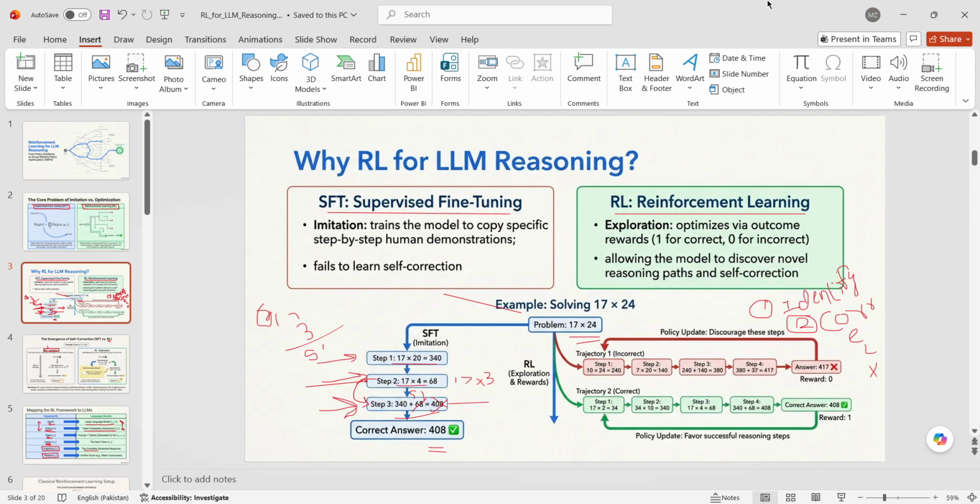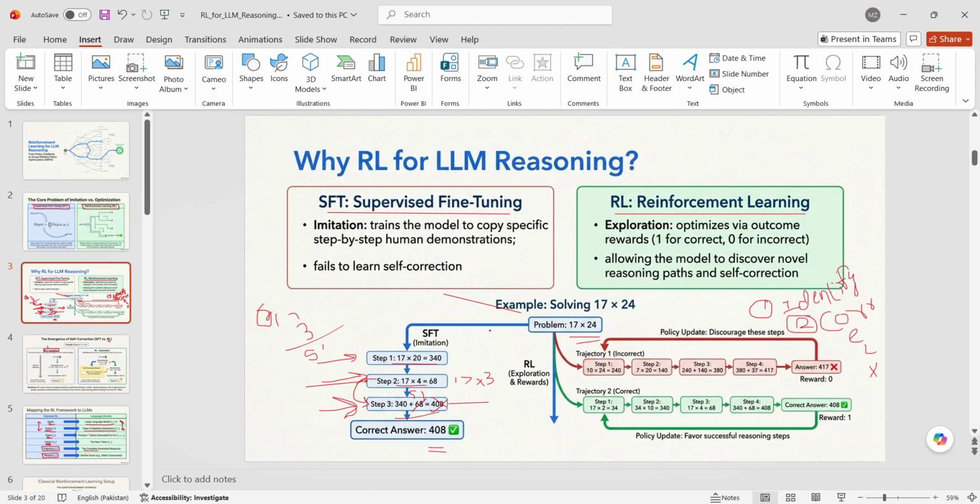So I hope that you have understood the difference between supervised fine tuning and reinforcement learning, and why supervised fine tuning is not a very good idea to induce reasoning into large language models, and why RL is a better way to do so. We learned that in SFT it is basically trying to imitate the prompt response pair we provided to it.